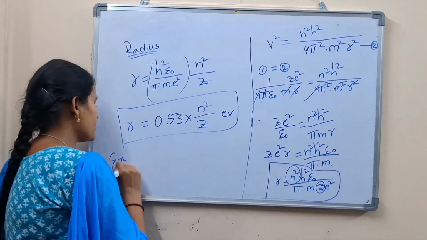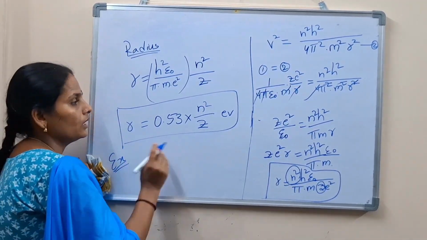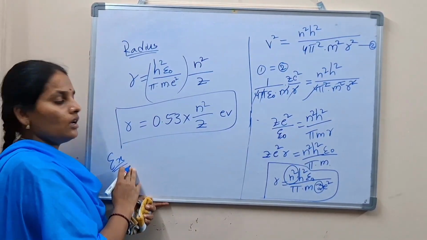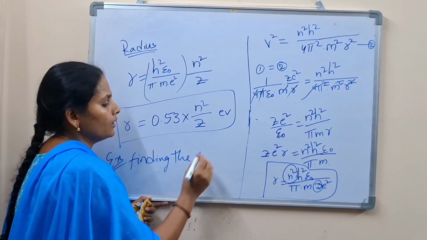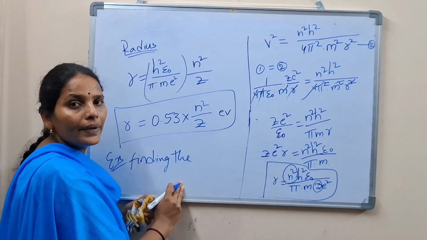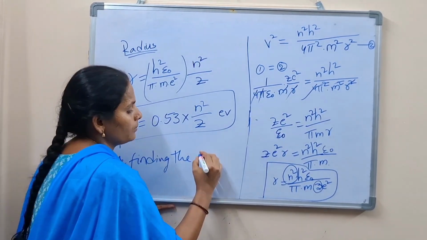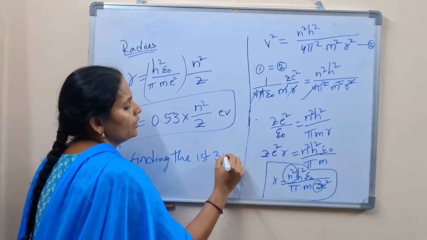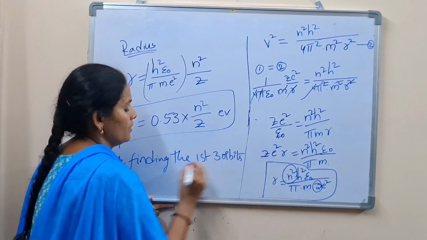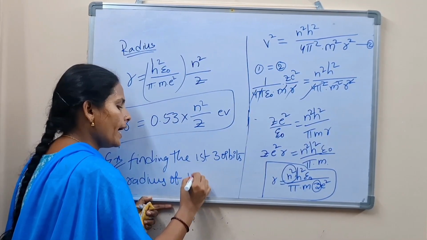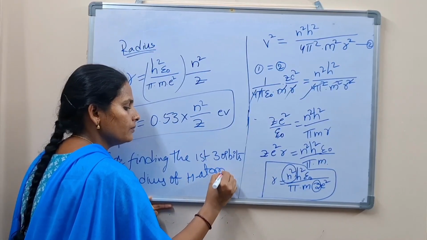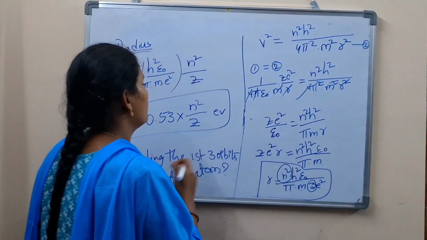Let us come to the example model calculation. Example, finding the first 3 orbits radius of hydrogen atom.